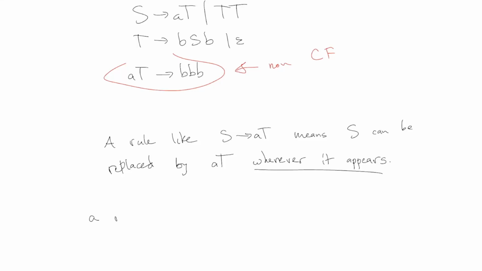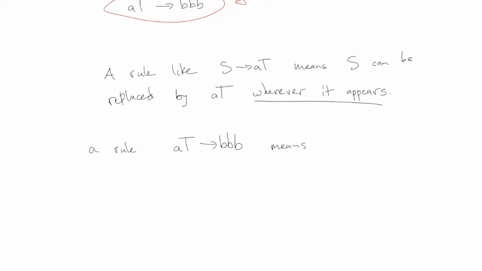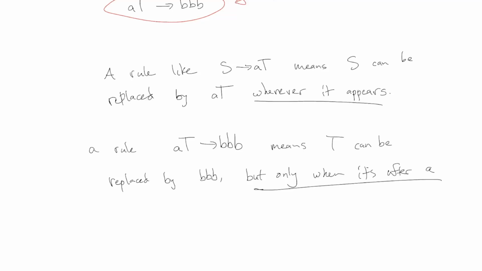But a rule like AT goes to BBB, it still is just some kind of substitution rule, but one way you can think about what this means is that T can be replaced by BBB, but only when it's after A. You can think of a rule like that as saying the T can turn into a bunch of B's, but only if the T comes after an A. That is to say, only in a specific context.